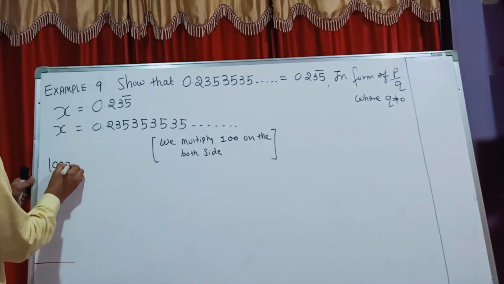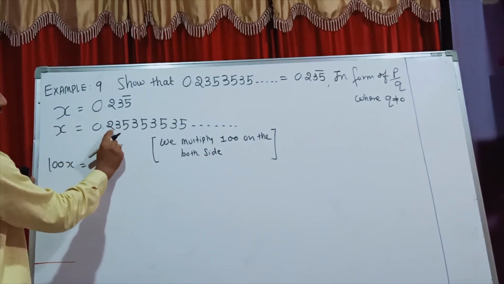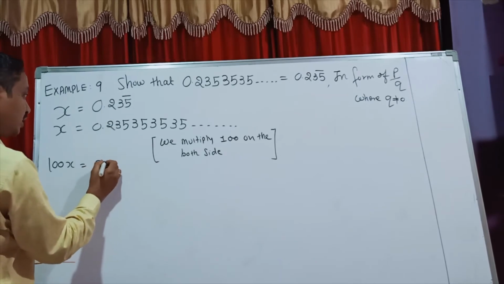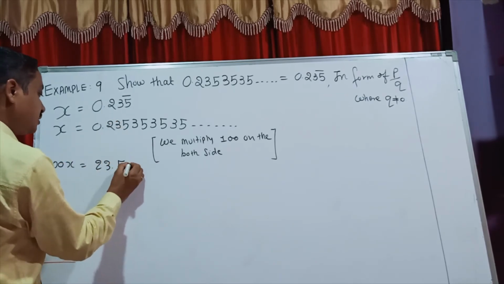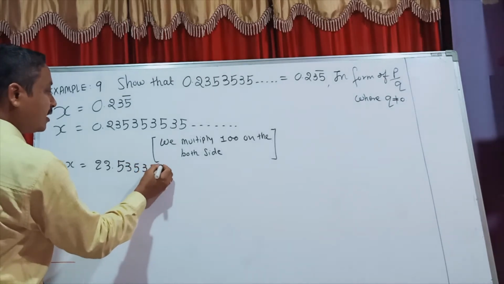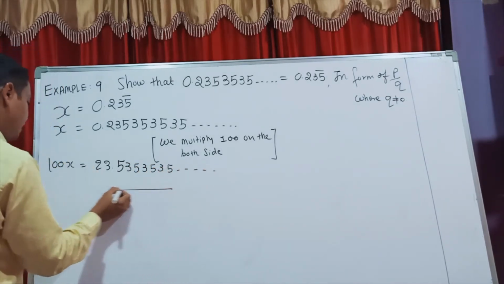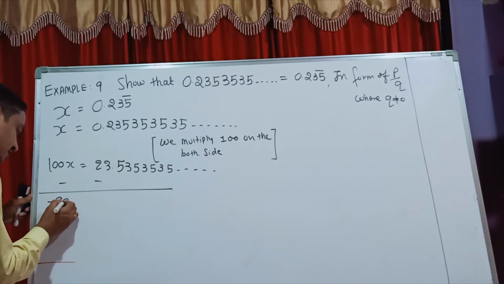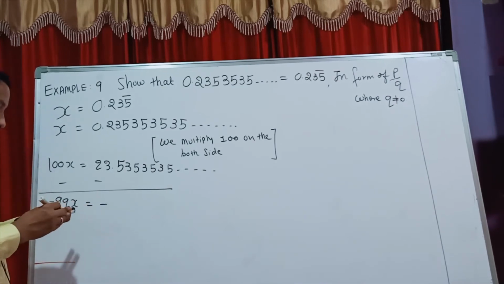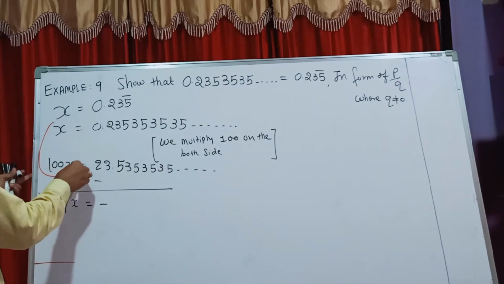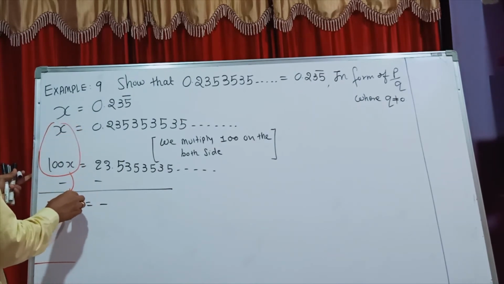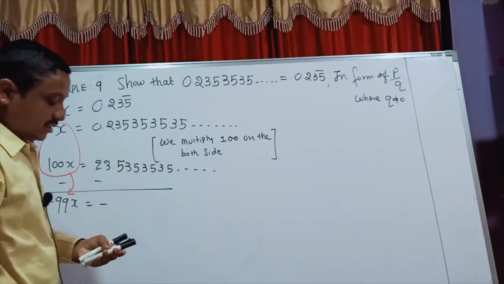So here 100x. If you here 100 multiply, then 23 is done. So 23 point, because 100 multiply you 5 35 35 35 dot dot dot dot, and here just getting 100 minus 99x, because these two are the subtractions, 1x and minus 100x, it getting minus 99x.